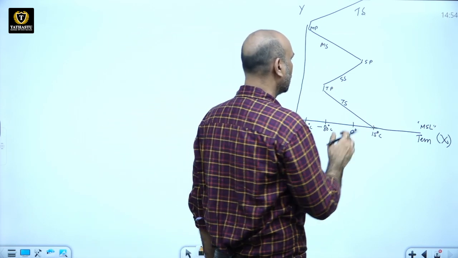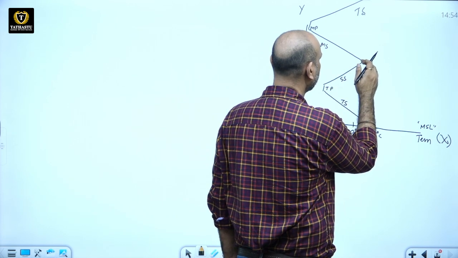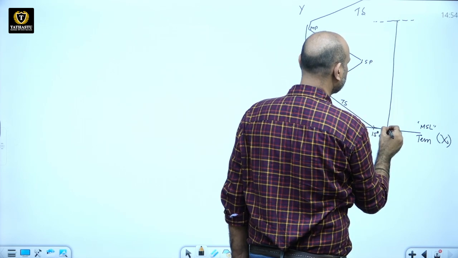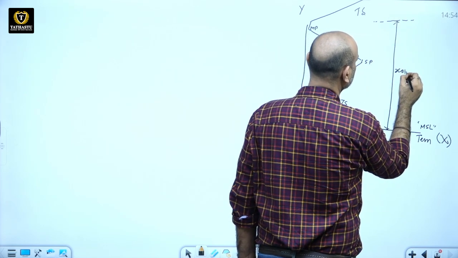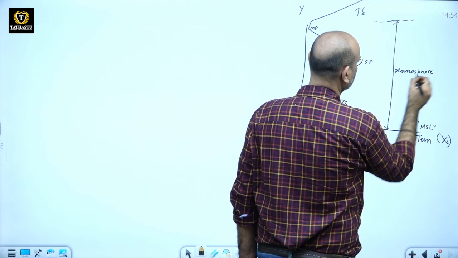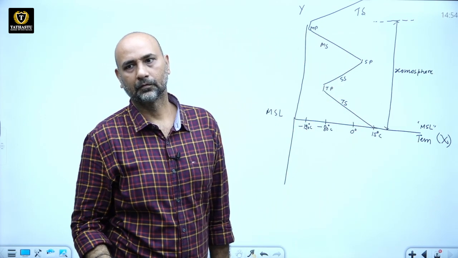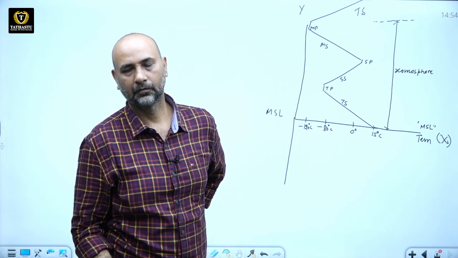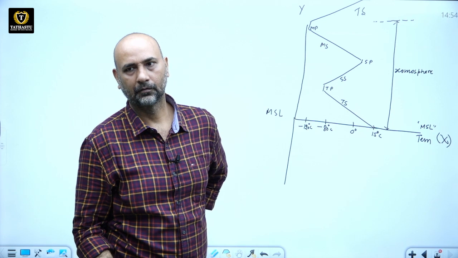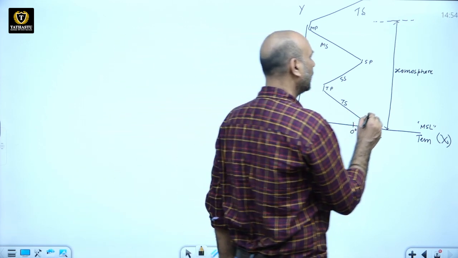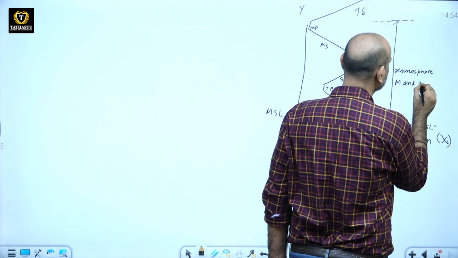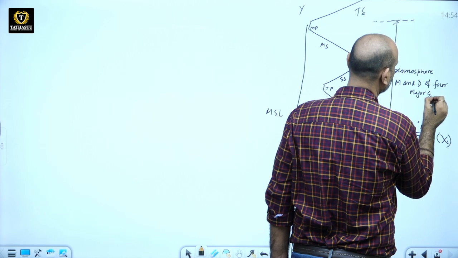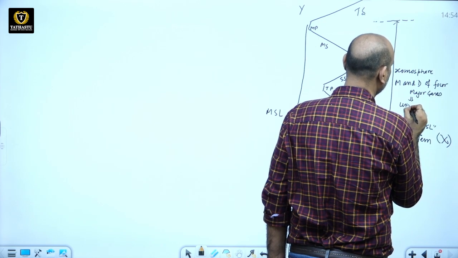Remember that troposphere, tropopause, stratosphere, stratopause, mesosphere, mesopause together are also described as homosphere, because here the mixing and distribution of four major gases are uniform.